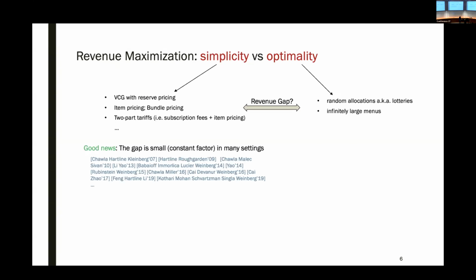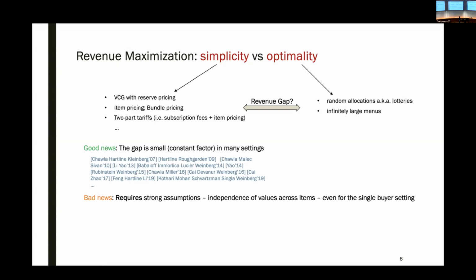And the good news is that this gap is now well understood to be small, small meaning constant factor or logarithmic in the number of items within that range in many, many different settings. Okay, and there's a whole long line of work on this question.